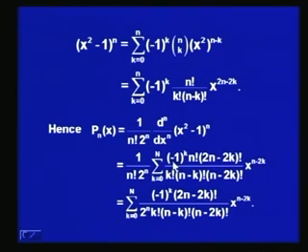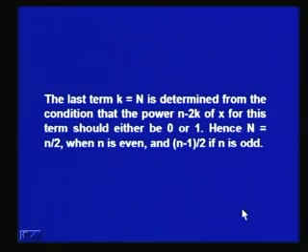So, when n is an even integer, this N will be equal to n/2, and when n is an odd integer, this N will be (n - 1)/2, and thus we have the sum over k equal to 0 to N of (-1)^k (2n - 2k)!, n! will cancel, and we have 2^n k! (n - k)! (n - 2k)! x^(n - 2k).